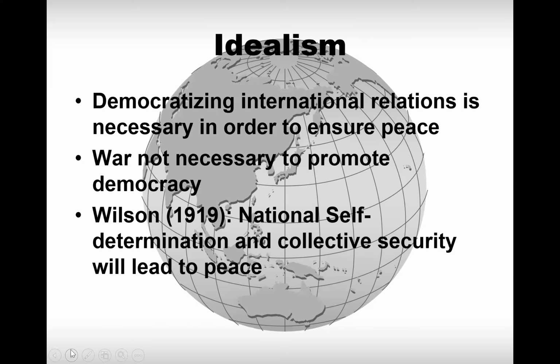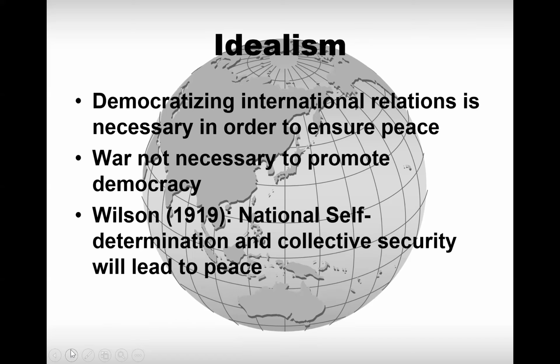Now, Woodrow Wilson argued that the best way to maintain peace was not necessarily to punish the aggressors. Here, Germany, Austria, Hungary, and Turkey, although it should be mentioned that they were punished at the Peace of Versailles, but to restructure the international order.